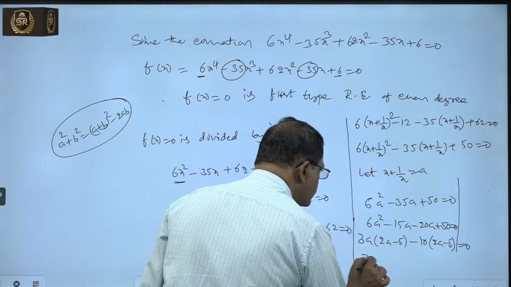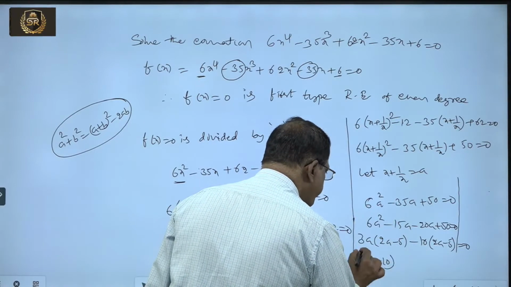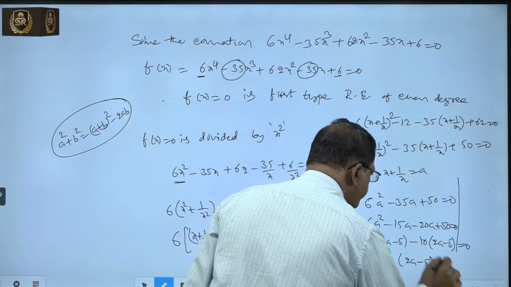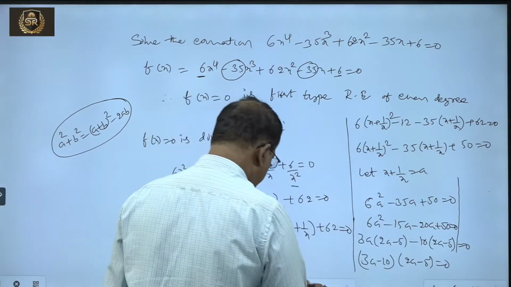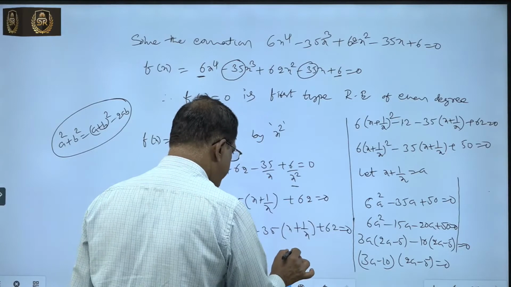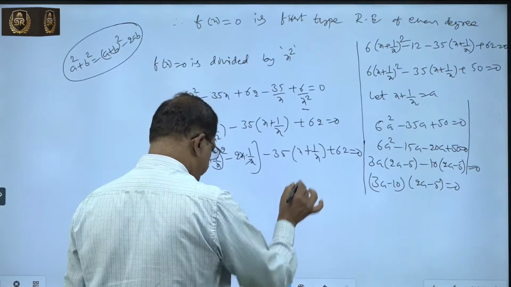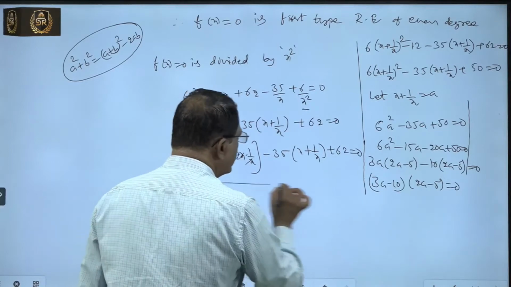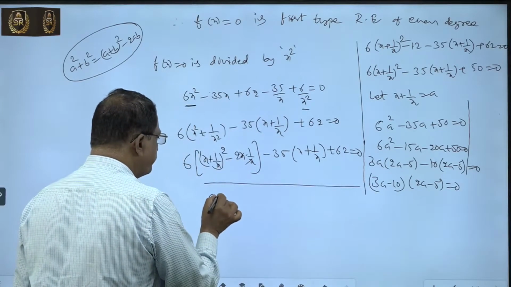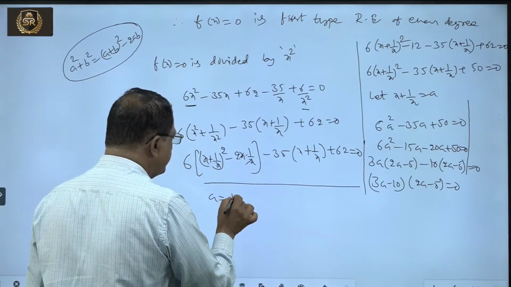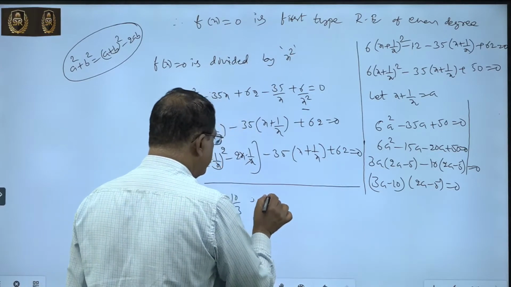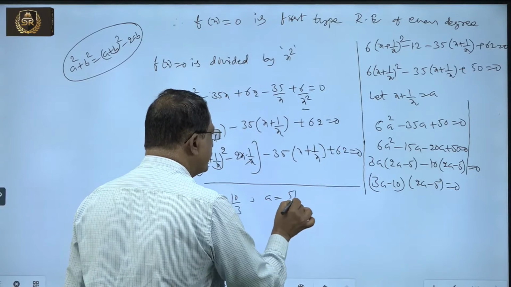Now, 3a minus 10 into 2a minus 5 equals 0. Now we get a equals 10 by 3 or a equals 5 by 2.